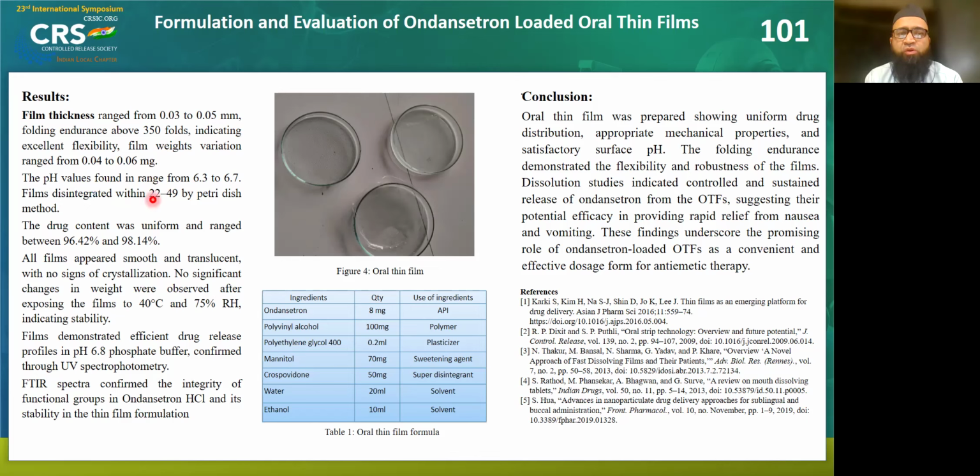The pH was also evaluated. The drug content uniformity was observed in the range of 96 to 98%. No crystallization was observed. It was found to be stable in ambient condition. FTIR also confirmed the integrity of the functional groups.